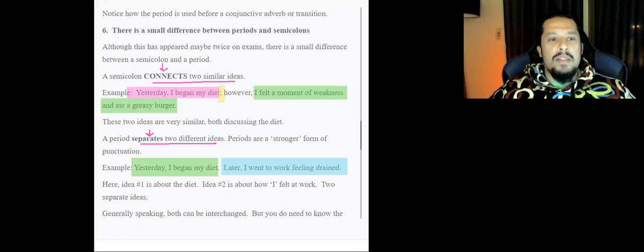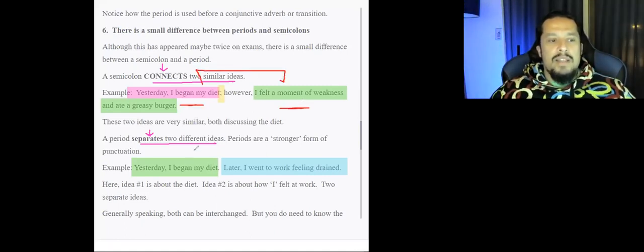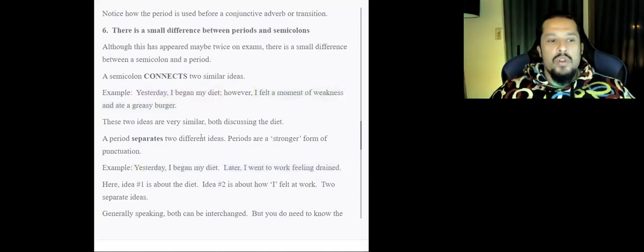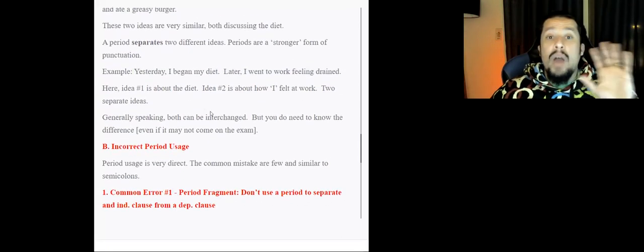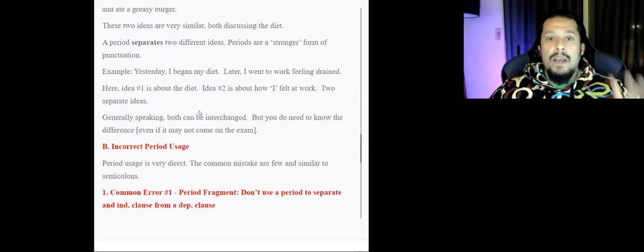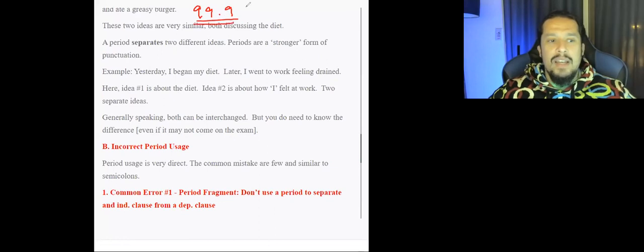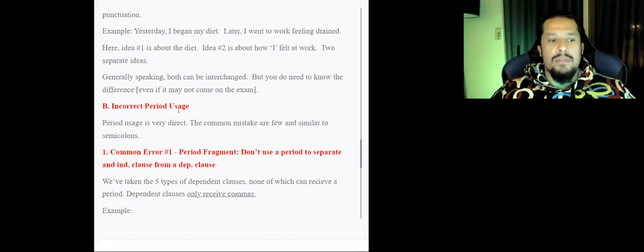See the difference between these two? The first example talks about the diet and what you eat. In the second example, idea 1 is different from idea 2. Idea 1 talks about food, idea 2 talks about work. So there is a difference between the two. However, 99% of the time, and we want to focus on that 99%, the semicolon is like a period, right? We don't see too much of a difference.